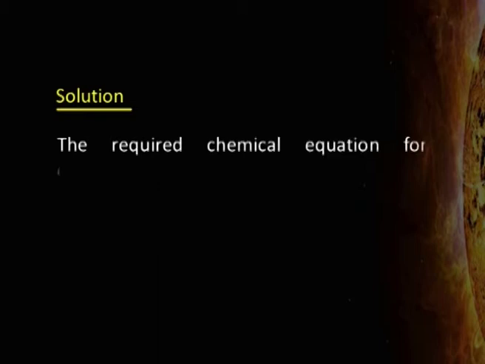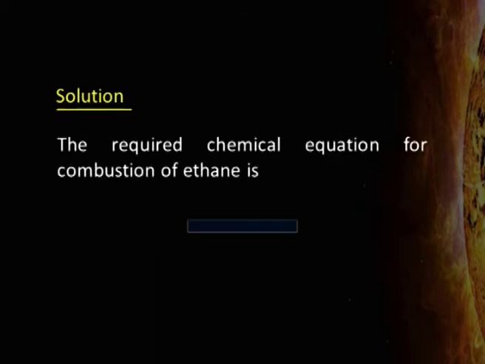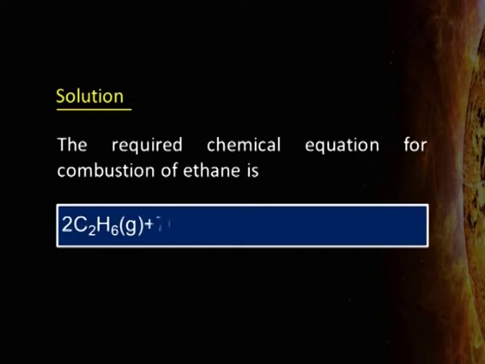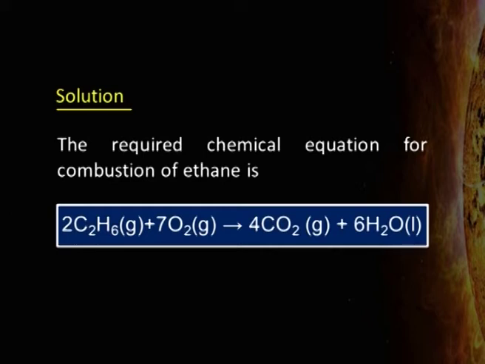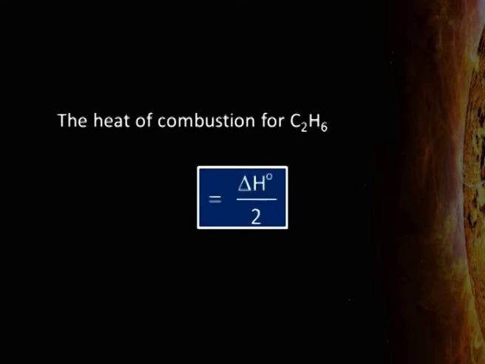The required chemical equation for this will be 2C2H6 gaseous plus 7O2 gaseous giving you 4CO2 gaseous plus 6H2O liquid. Delta H naught for this reaction is not given. As the equation involves 2 moles of C2H6, hence the heat of reaction will not be equal to the heat of combustion for C2H6. So, the heat of combustion for C2H6 will be equal to heat of reaction divided by 2.